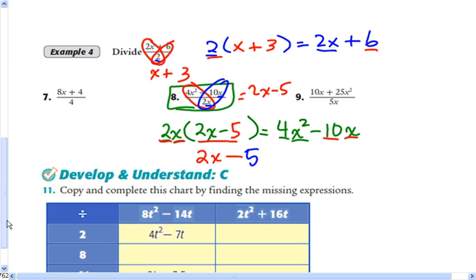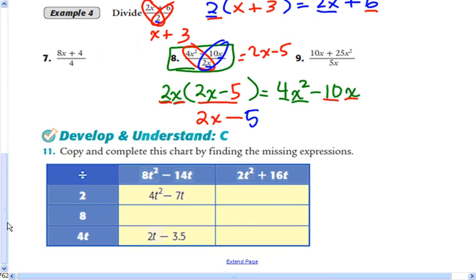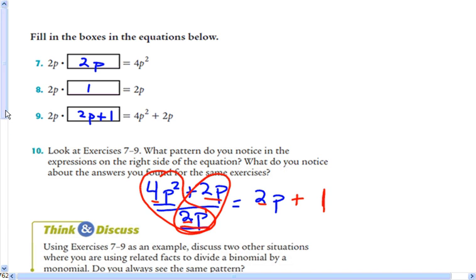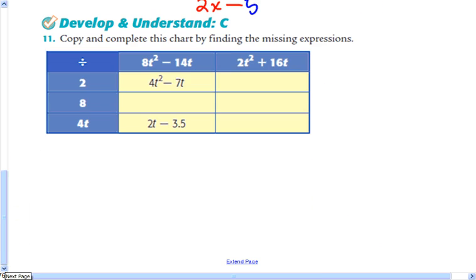All right, let's do a couple on this chart, and then I think we can finish them up in class, and we'll be ready to practice. All right, so on this chart, they're doing the row by the column divided. So if you take 8t squared divided by 2, you get 4t squared. Or you can do 2 times this number to get the row here as part of the fact family.